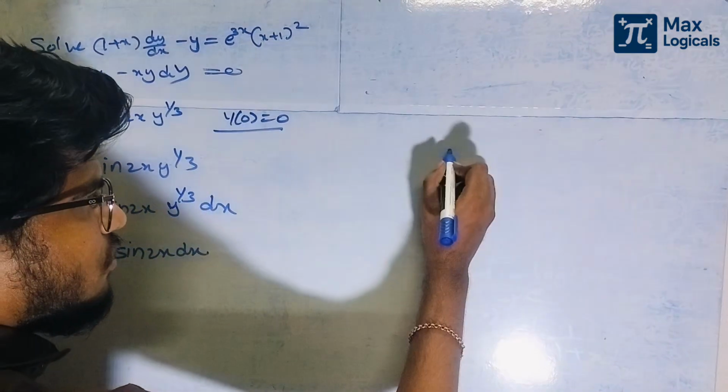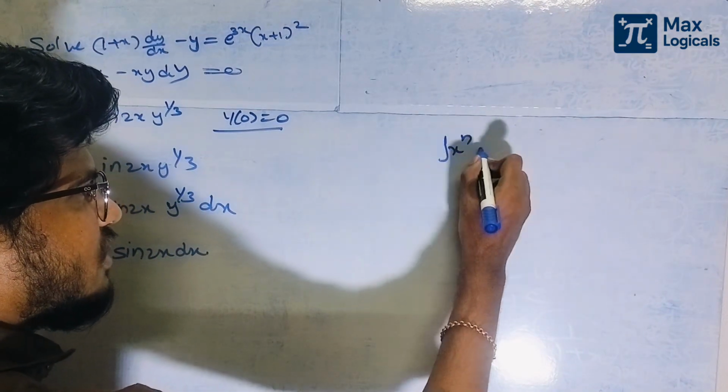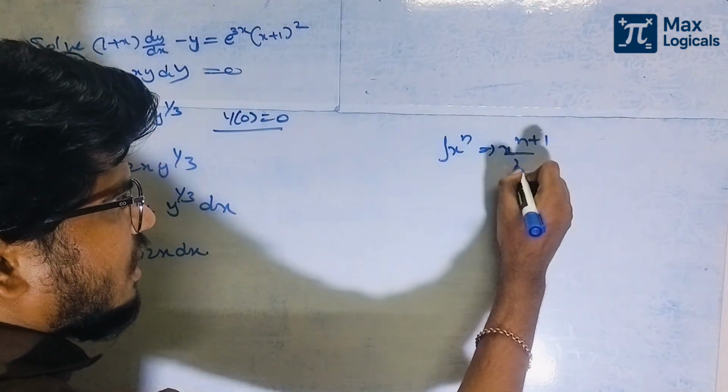Now what is the integration of y power minus 1 by 3? We know the integration of x power n is x power n plus 1 by n plus 1.